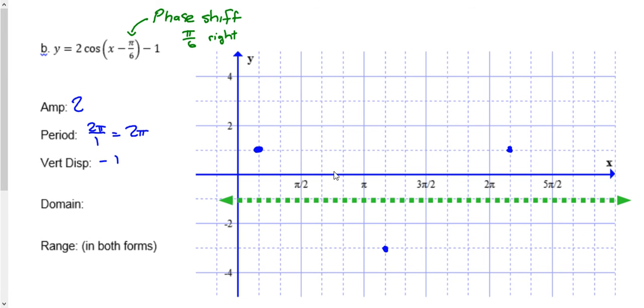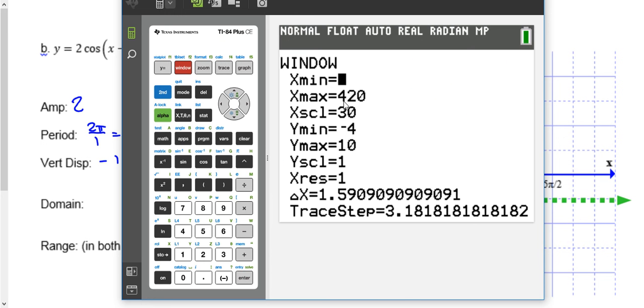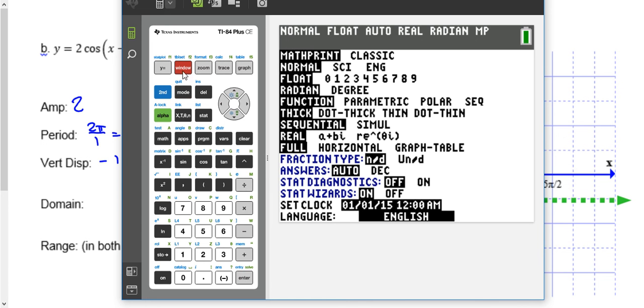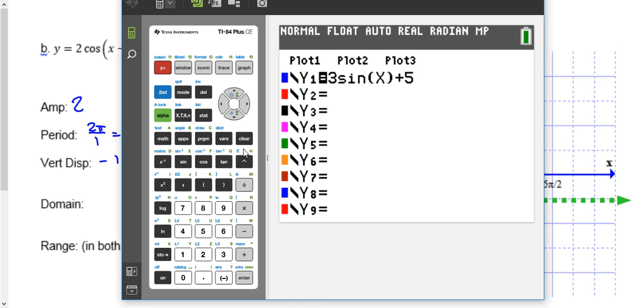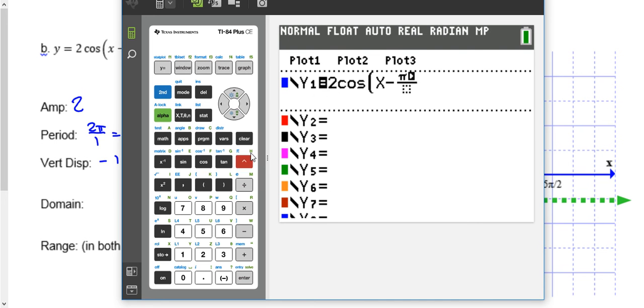To get all the other coordinate dots, I'm going to go back to my graphing calculator to figure out all my coordinates. Right now I'm in radian mode. I don't have my graph yet, so let's jot it down: 2 cos, x minus, and I use my fraction function, π/6, close bracket, −1.